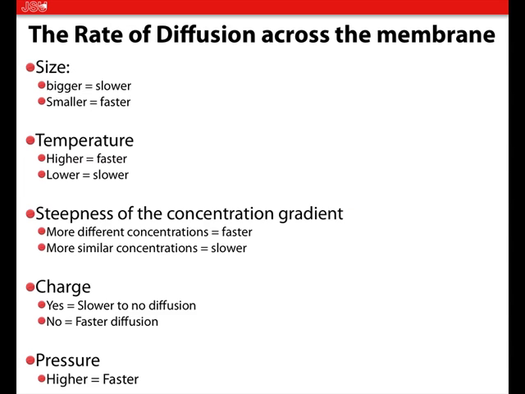So, a couple of factors go into this. 1 is size. The bigger they are, the slower it is to move through the membrane. The smaller it is, the faster. Another important factor here is steepness of concentration gradient. If you have a very large difference in the concentration gradient, it's going to move faster. If you have a very similar concentration, where one's maybe a little bit more concentrated than the other, it's going to move slower.